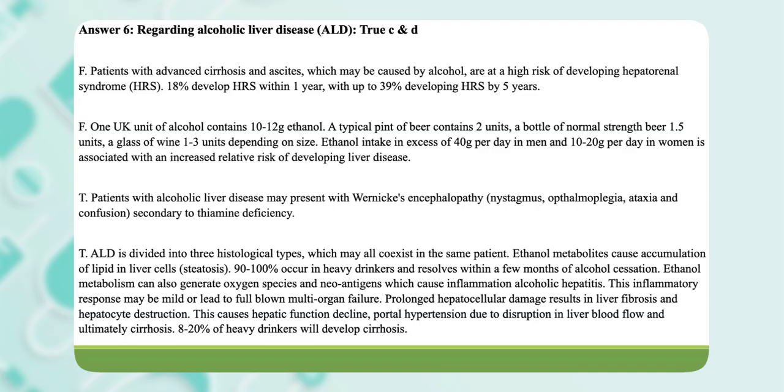Ethanol intake of more than 40 grams per day in men and 10 to 20 grams per day in women is associated with increased relative risk of developing liver disease. So 1 UK unit contains 10 to 12 grams of ethanol, and 1 beer is 1.5 units, which is around 15 grams.